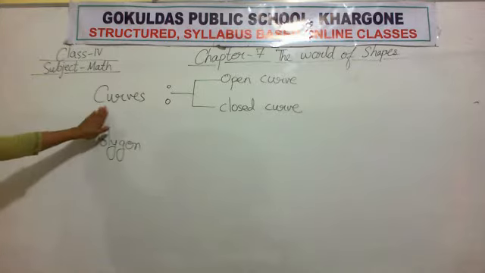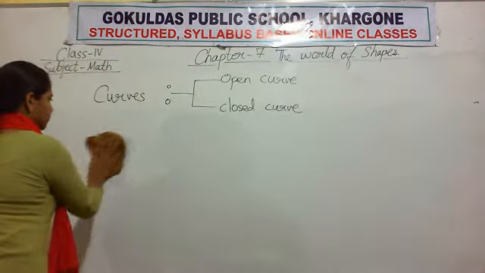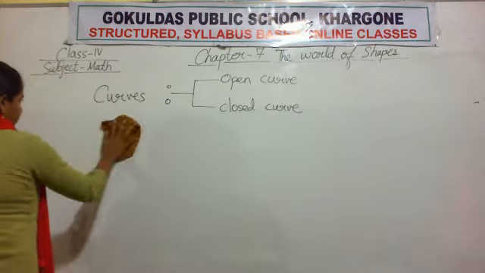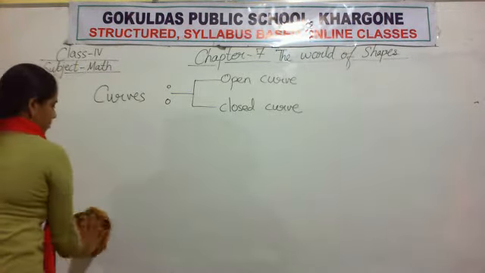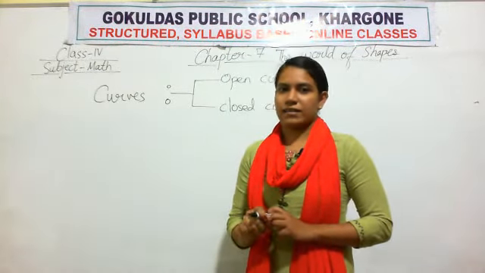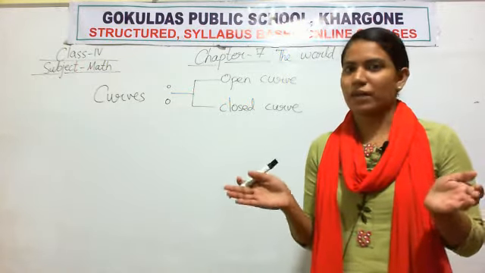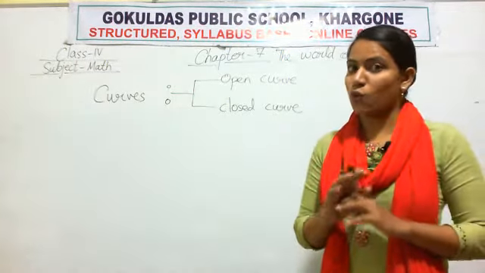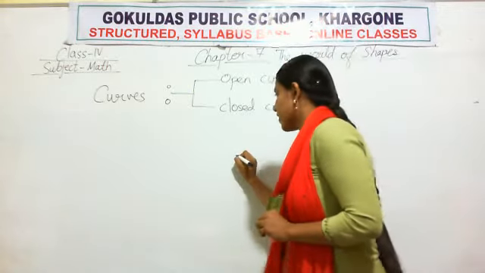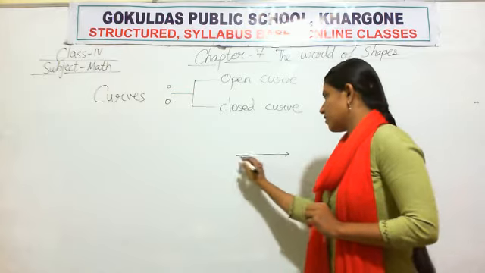Okay, so let us start with curves. What is curve? Before starting curves, do you remember what is line? When we join small dots together, we form a line, right? Line has no endpoints. Line is straight in nature.